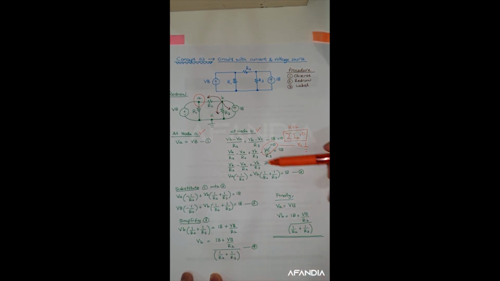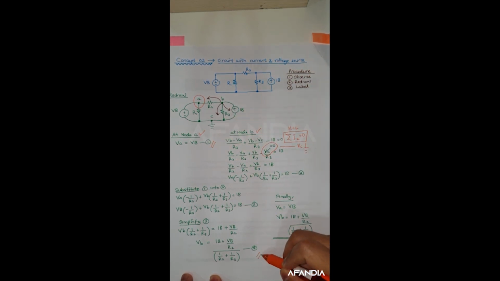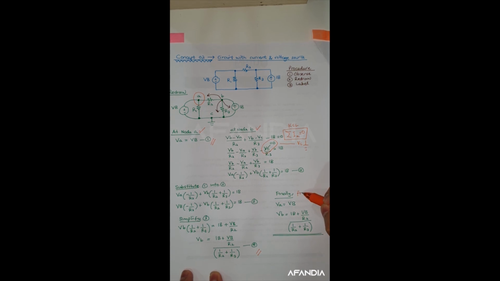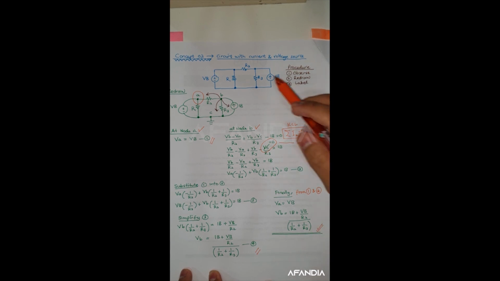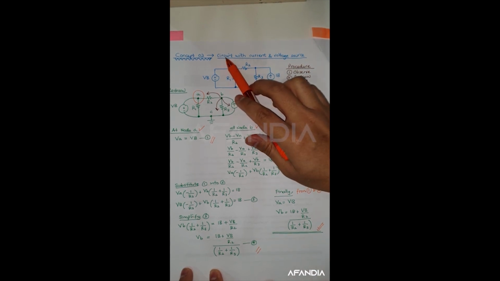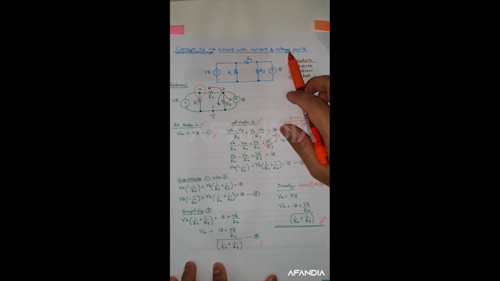So finally, from equations 1 and 4, we have VA equal to VB, and VB equal to IB plus VB divided by R2, divided by 1 over R2 plus 1 over R3. So this is the second concept when we deal with circuit with current and voltage source.